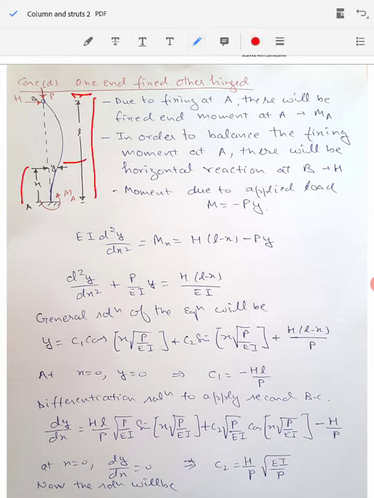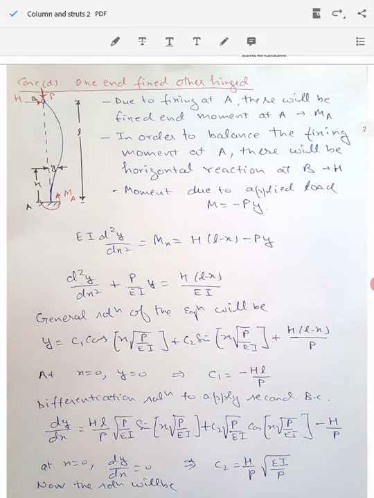So this distance will be L minus x. So the horizontal reaction is occurring at a distance of L minus x. So this will produce a moment of H into L minus x in the clockwise direction. So we have H into L minus x minus the applied bending moment which is in the anticlockwise direction. So that is minus Py. So the net sum will be giving you the moment here, or Mx value here.